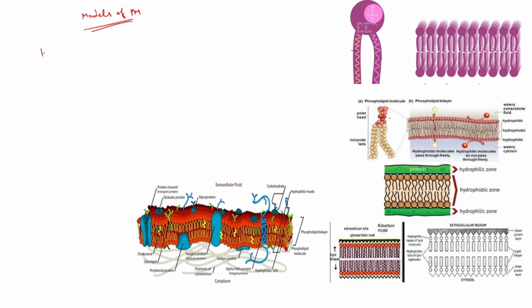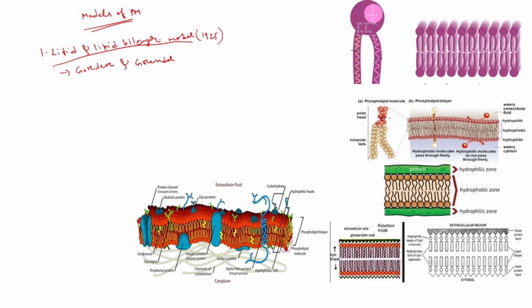The first model that was discovered is called the lipid and lipid bilayer model. It was discovered in 1925 by Gorter and Grendel.